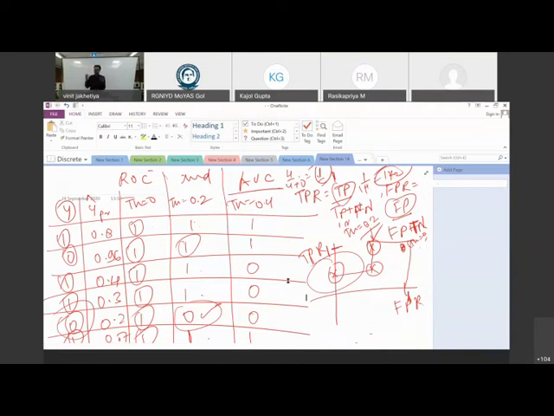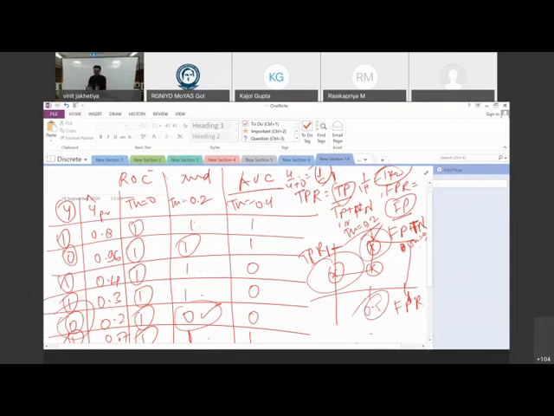If the doctor says my true positive rate should be as high as possible and my false positive rate should be as low as possible, then this is the correct answer. Here the true positive rate is 1 and the false positive rate is 0.5, half.